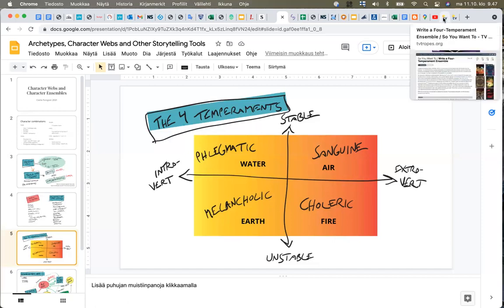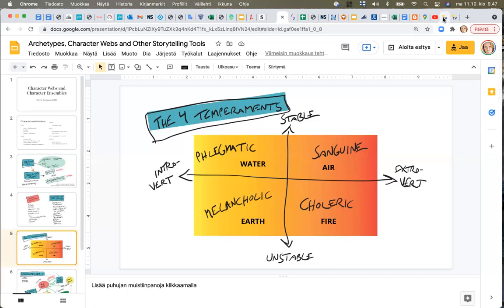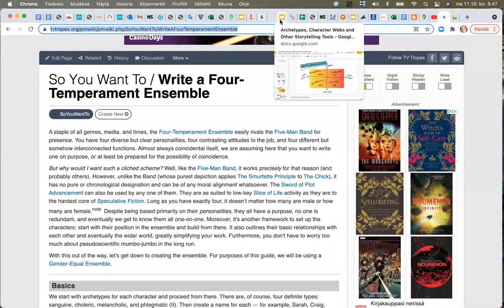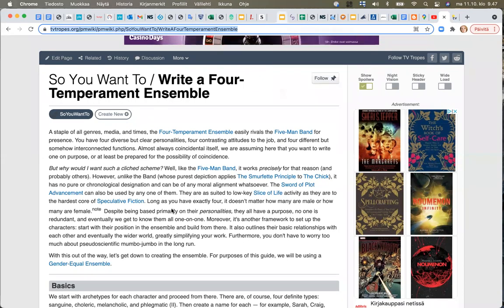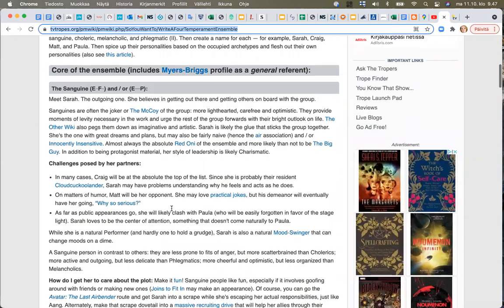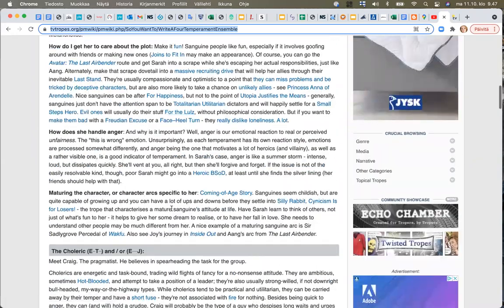And there's not very surprisingly a TV trope about it here. So you want to write a four temperament ensemble. So maybe I'll just put the link to this article over here in the slides, because this is actually a quite good article.